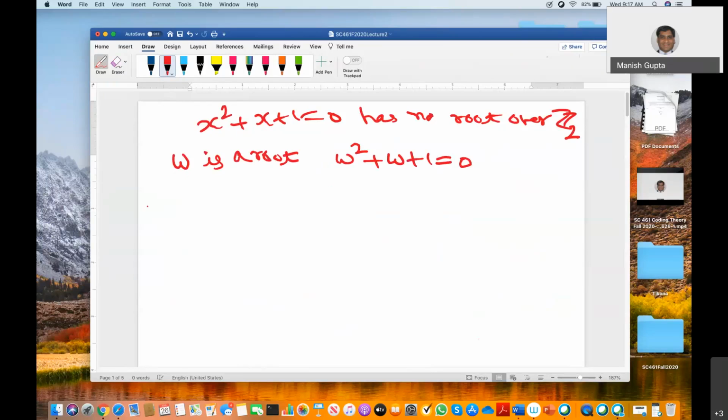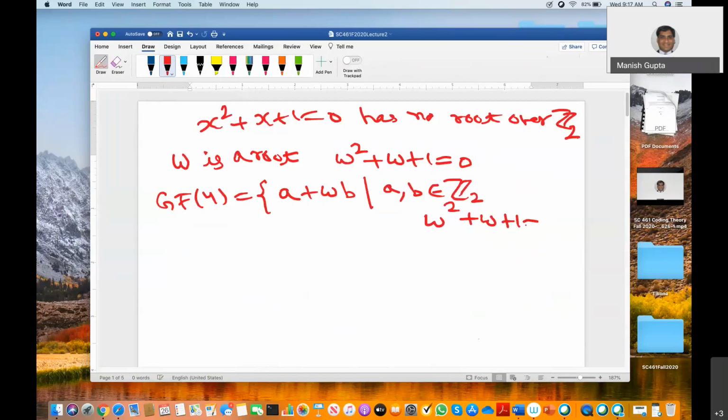And I construct GF4 as follows. There it was a plus ib. I am considering a plus omega b such that a and b are in Z2, and we have the equation omega square plus omega plus 1 is equal to 0.